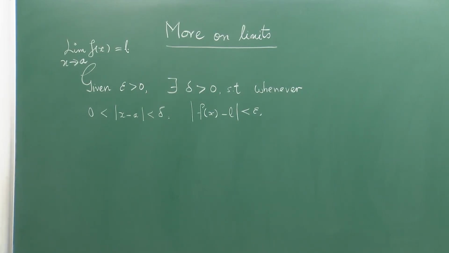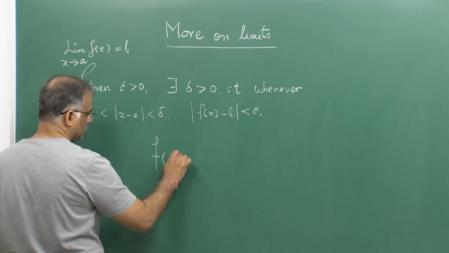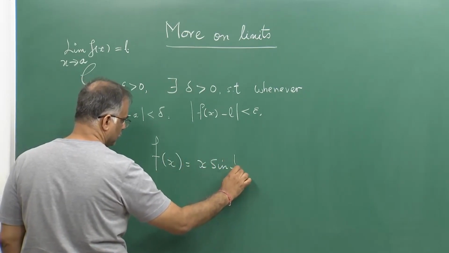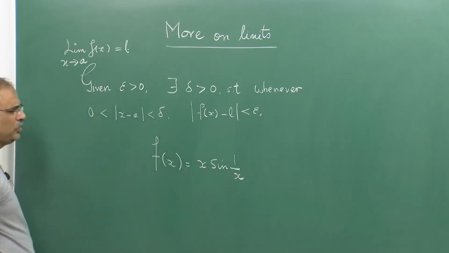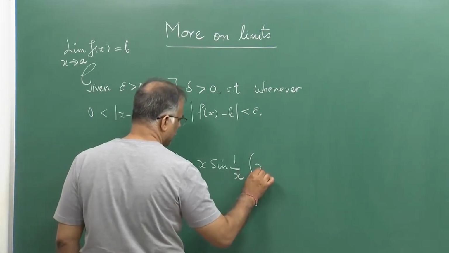Now, let us take an example of a very typical function, called the topologist's sine curve, which is given as follows. You understand that x is in R, I am not going to write this repeatedly.